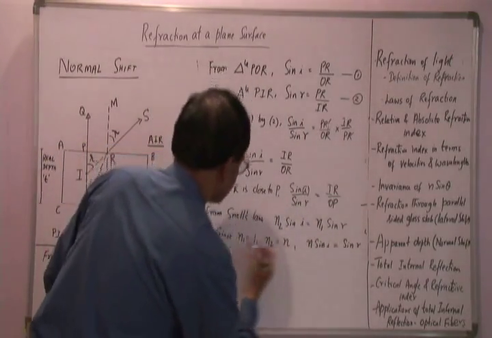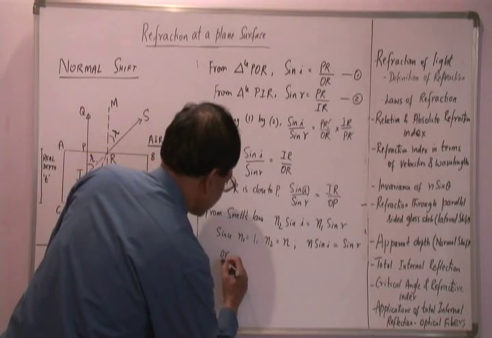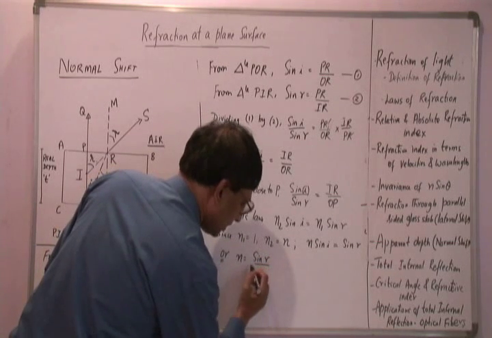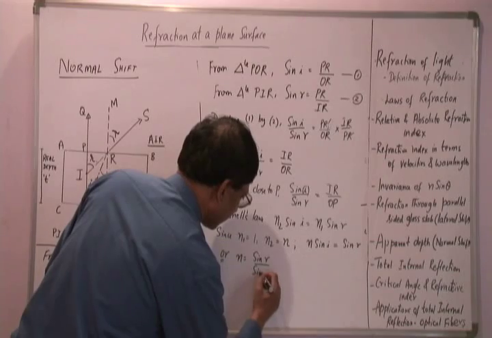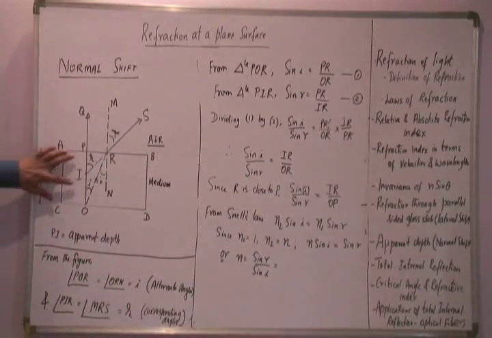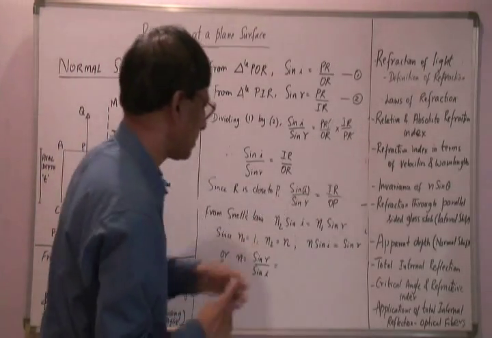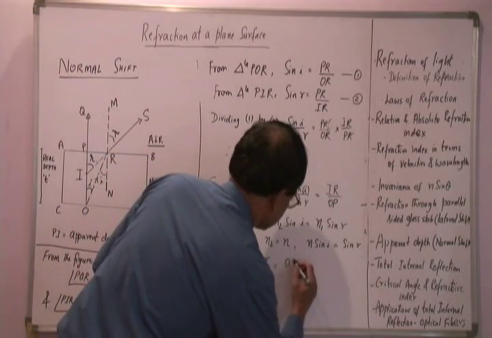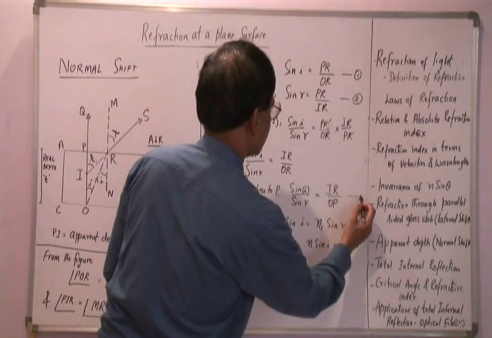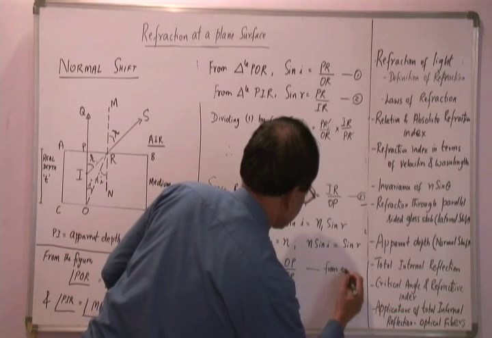That means I can write this as N is equal to sin R by sin I, which is the same as OP by IR. This is from equation 3.